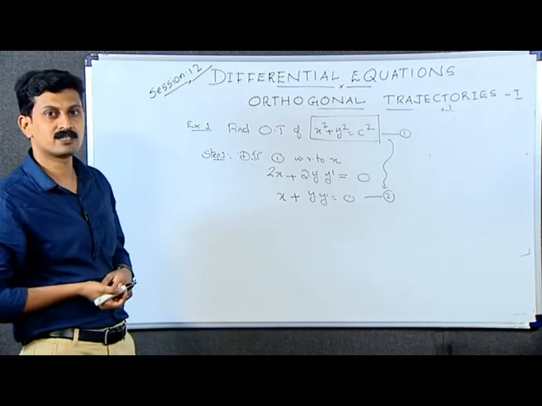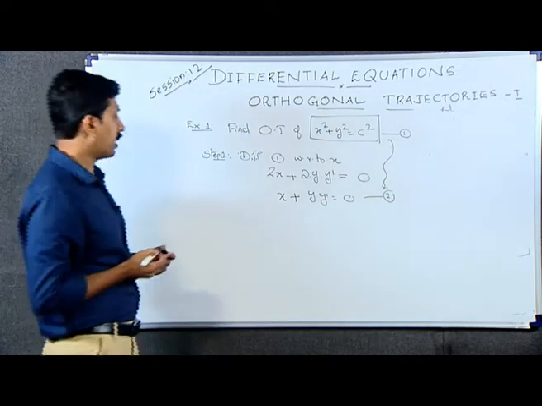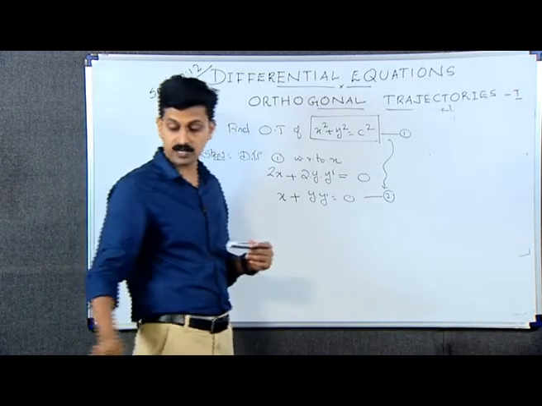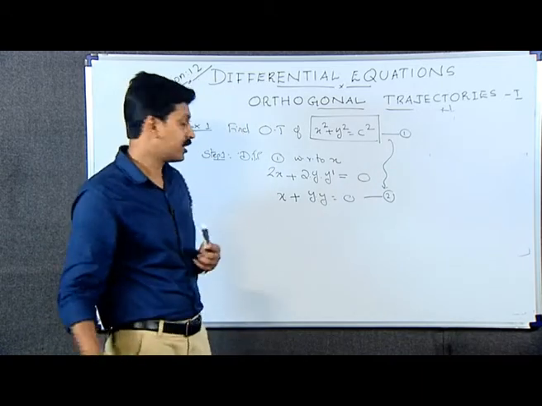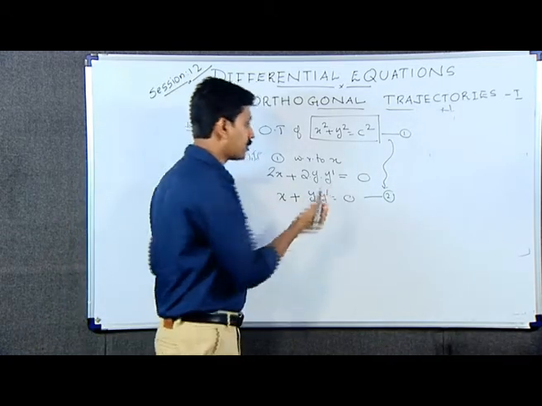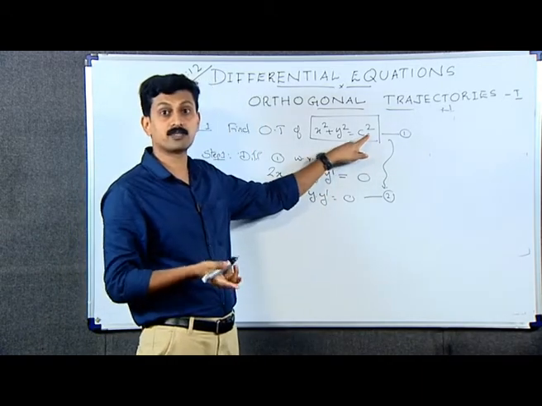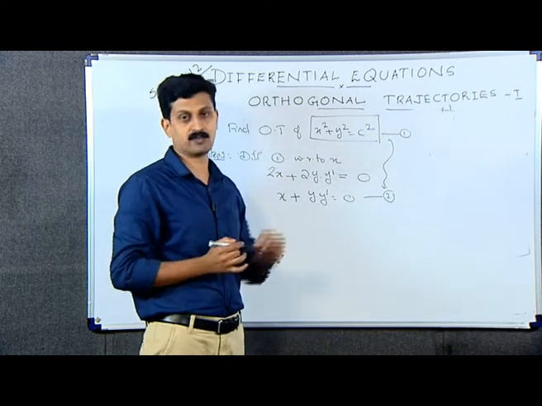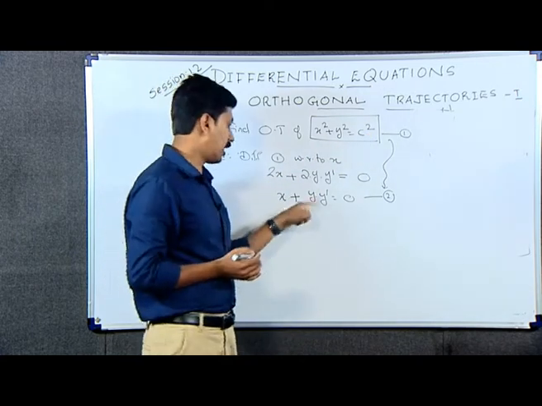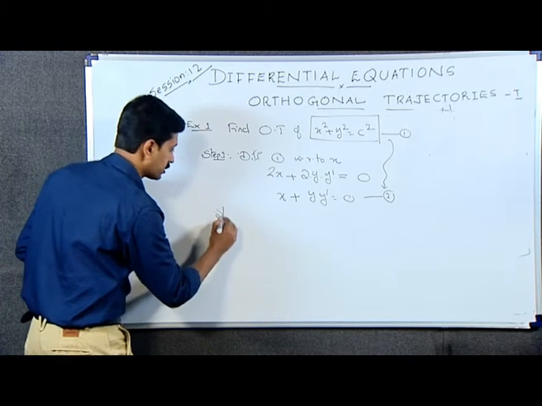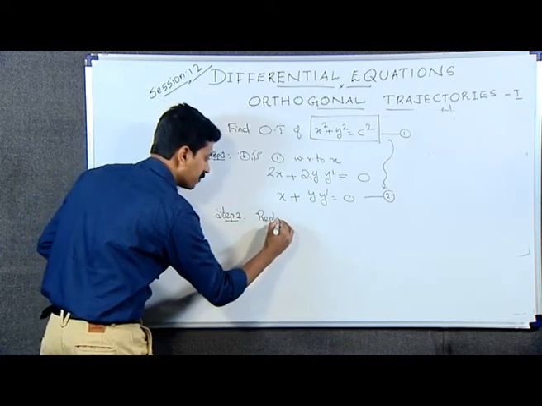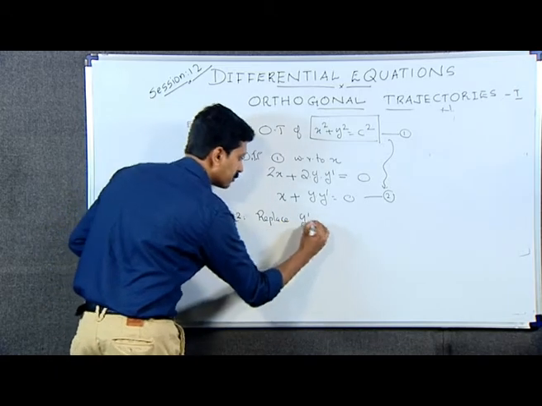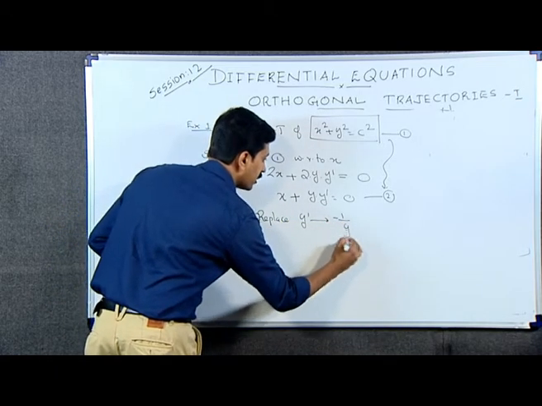This is a differential equation corresponding to equation 1. But actually we need to find a differential equation corresponding to the family of curves which is orthogonal to equation 1. So in step 2, we replace y dash by minus 1 by y dash.